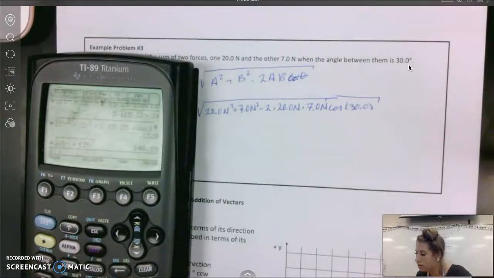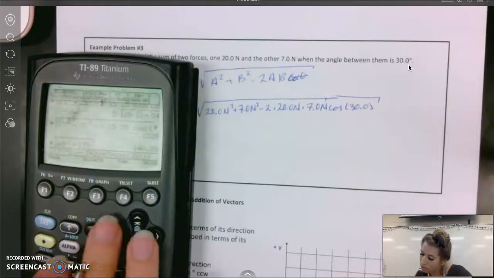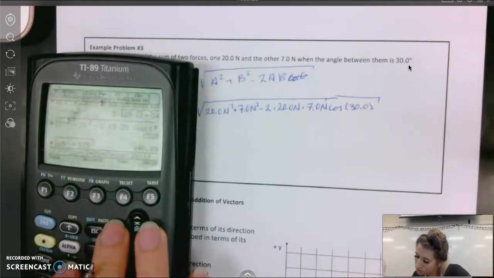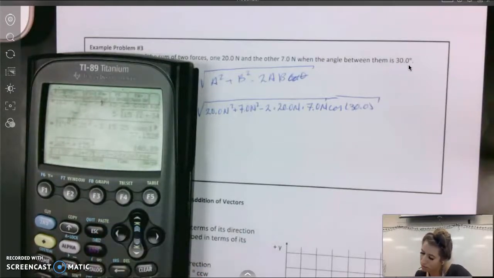The square root of 20 newtons squared plus 7 newtons squared minus 2 times 20 times 7 times the cosine of 30. Oh, it's right there. That's the problem.